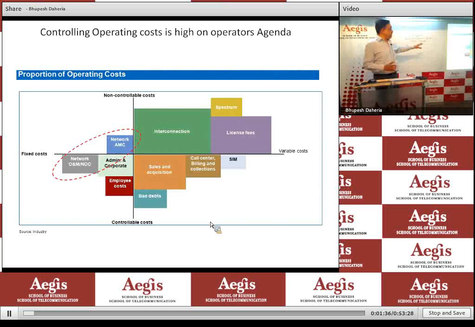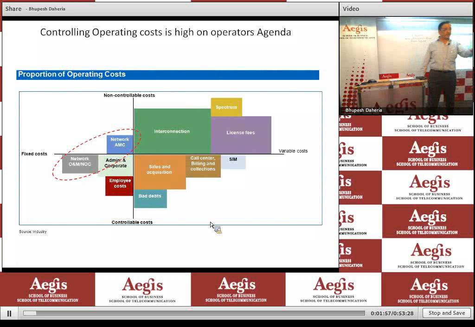So you will find in this that there are some costs, that's okay, some which you can control. So a combination of these costs and elements, these let us say 7-8 major points, make a telecom service provider's network cost.